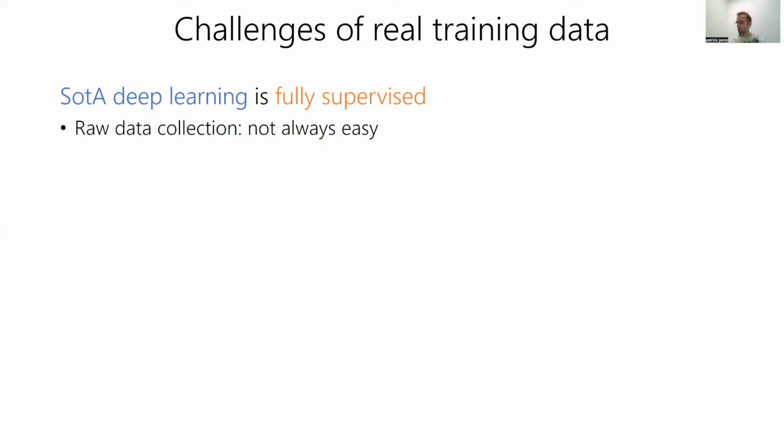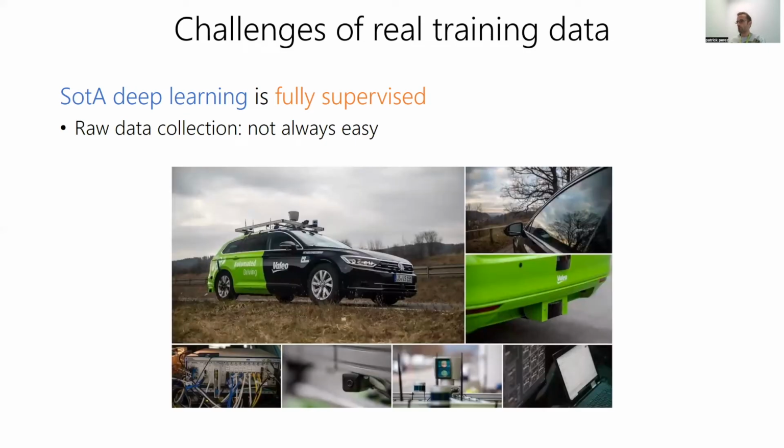And also, in terms of just the technicality of the collection, you need to build this type of vehicle where you have all the sensors, both the sensors that you will have at runtime, but also more expensive so-called reference sensors, like a big lidar in this case that you can see on the top of the car.